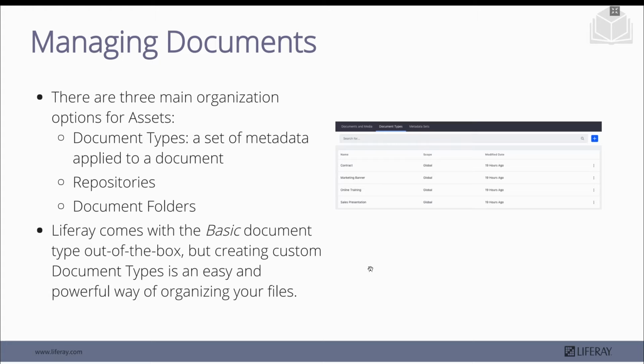So dealing with content, more specifically documents, there's a couple ways that Liferay gives to us to better organize these assets or these documents. The first type is document type. A document type is basically a form that allows us to add information about the type of file that we're uploading. Let's say, for example, again, in the Livingston Hotels and Resorts, they have a hotel brochure.